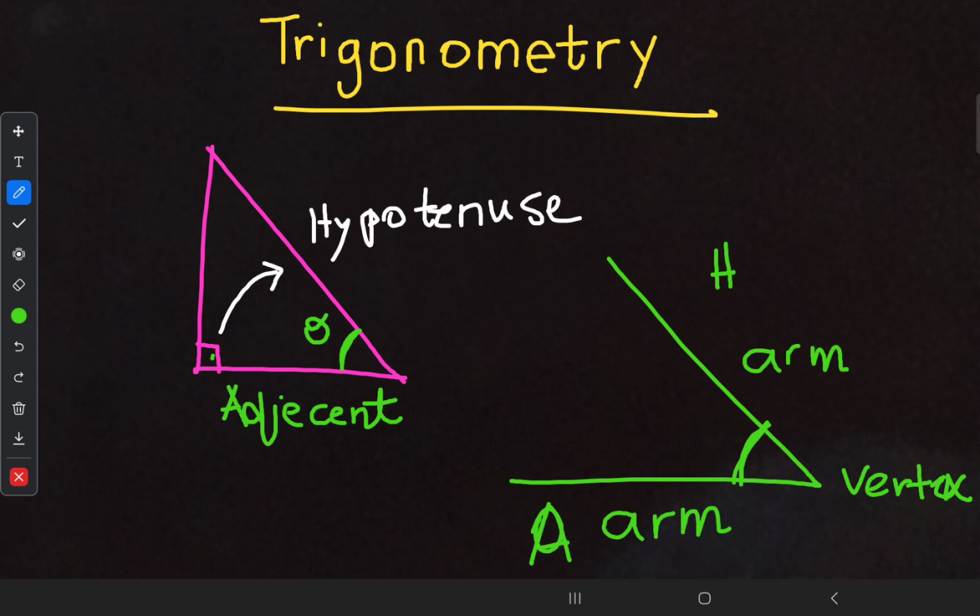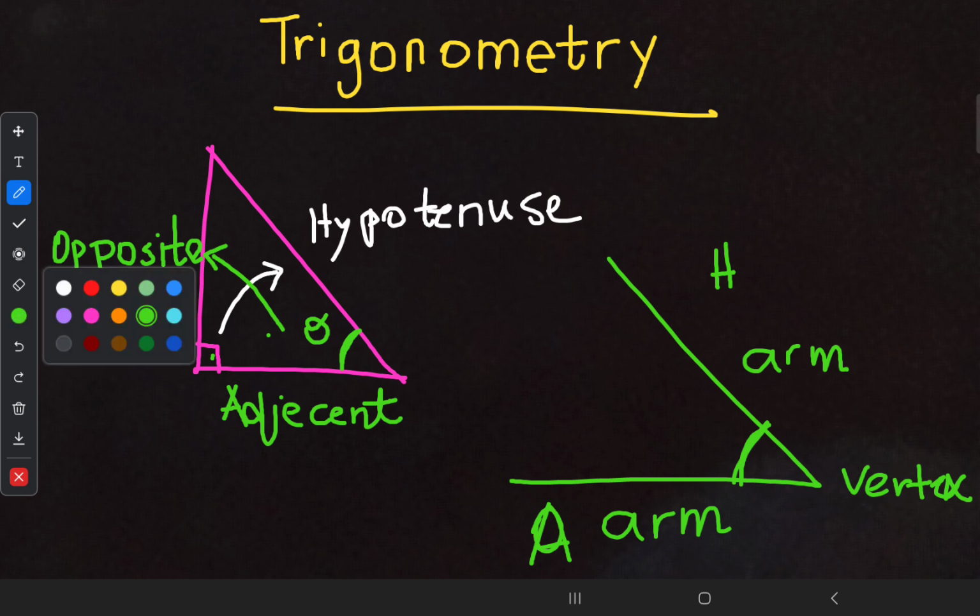Next one is easy: the side which is opposite to the considered angle is going to be our opposite side. This is our opposite side. How did we find each side of this triangle?